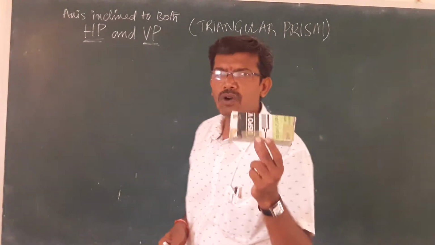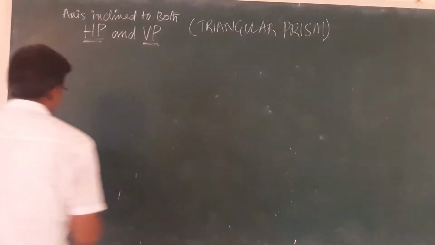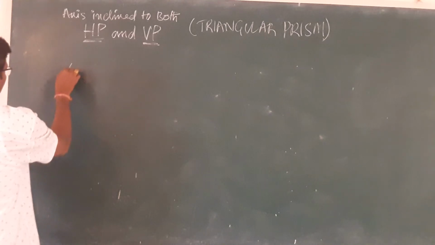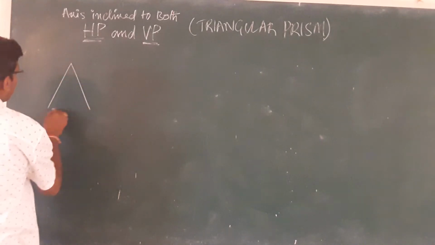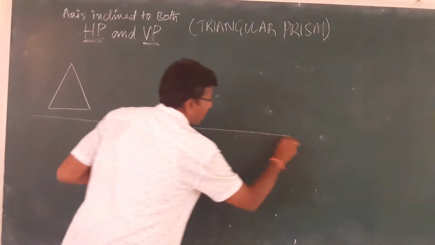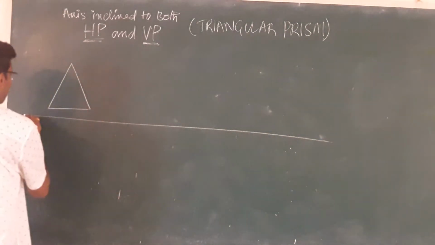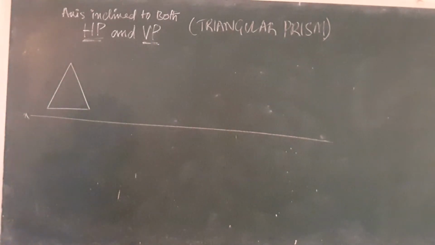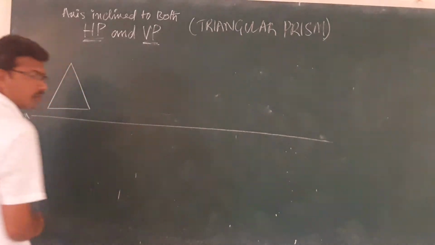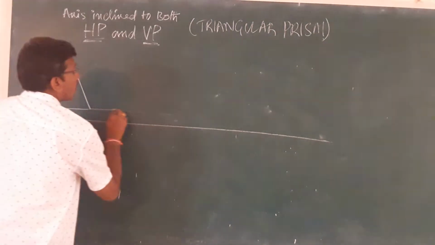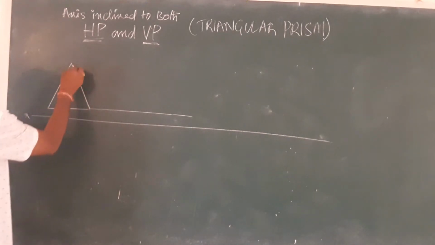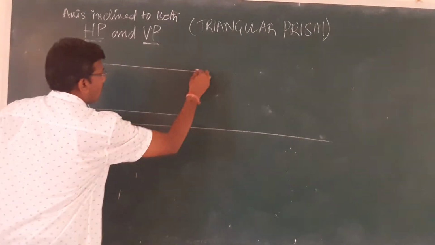First of all, you have to draw a triangle, whatever the triangular base is, here. After that you draw a line xy. Then you project this line up, and this is the height, because you don't know the height, just simply draw it.